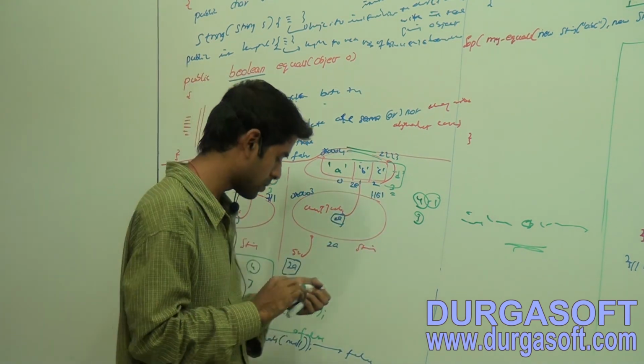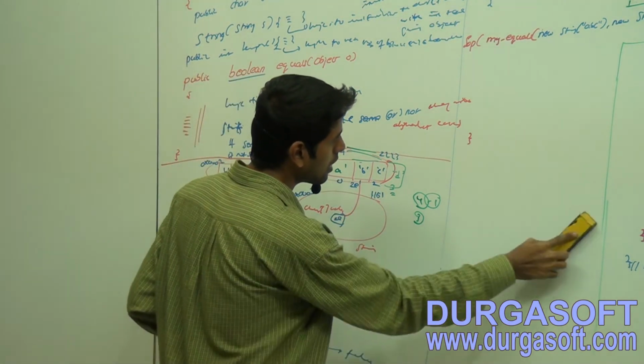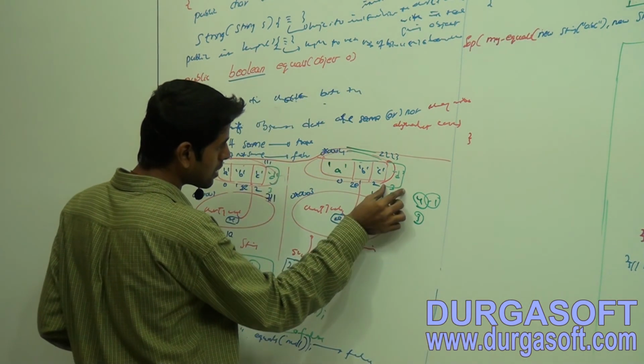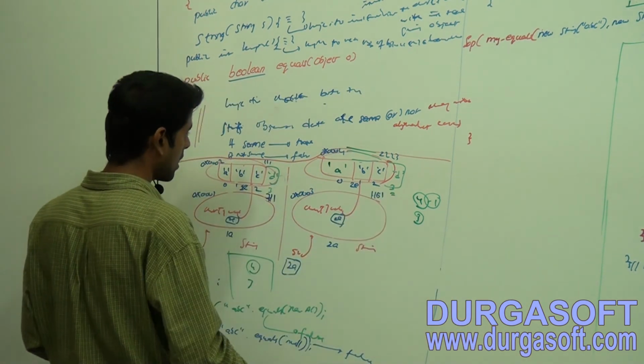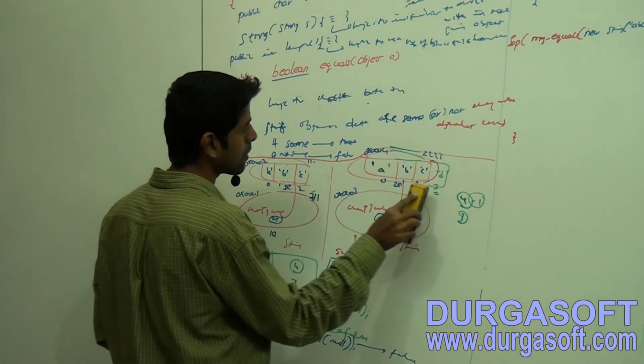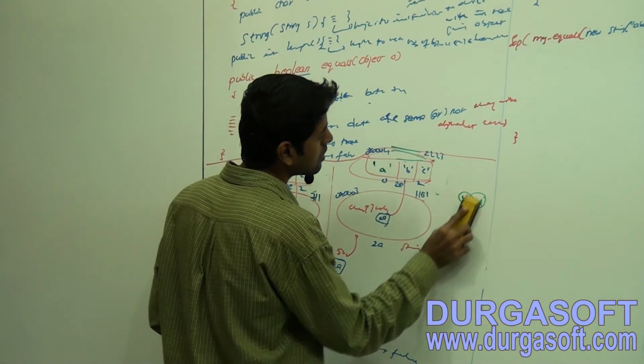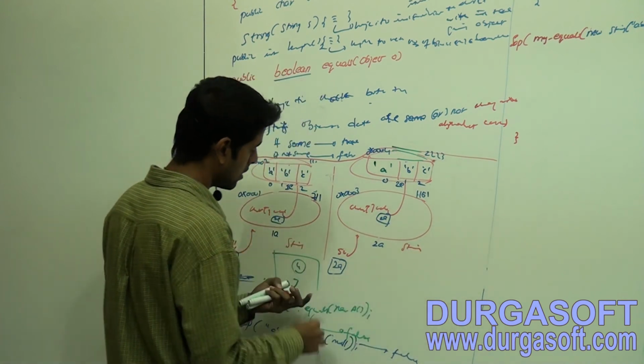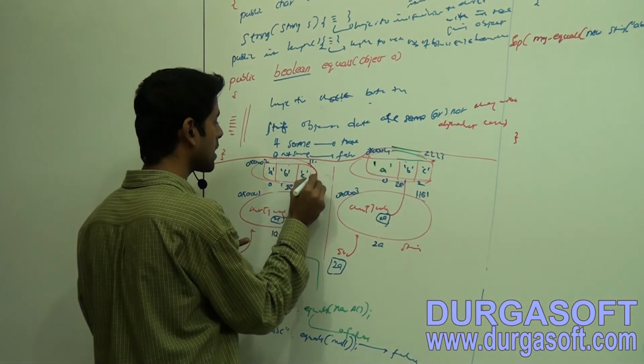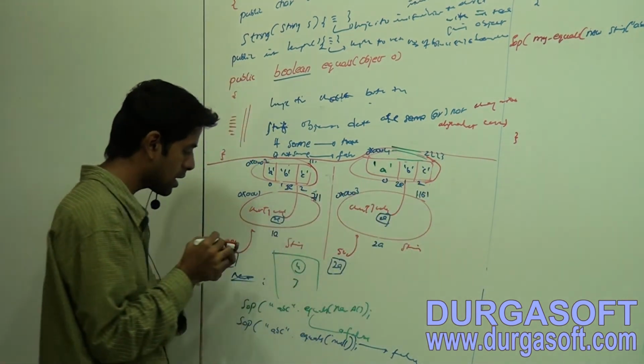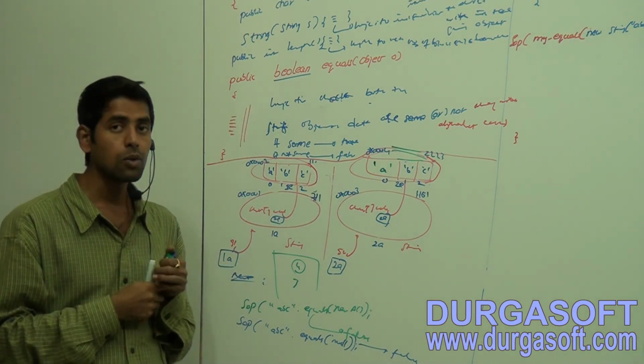Now observe. So now I want to take the last index character. How to take that one?